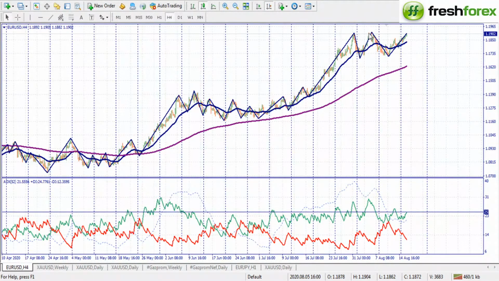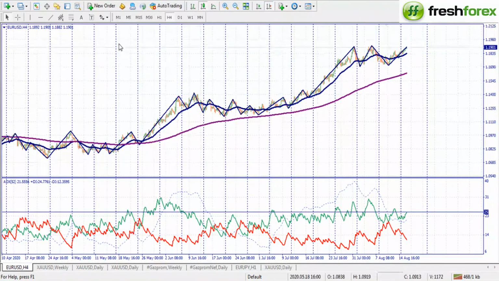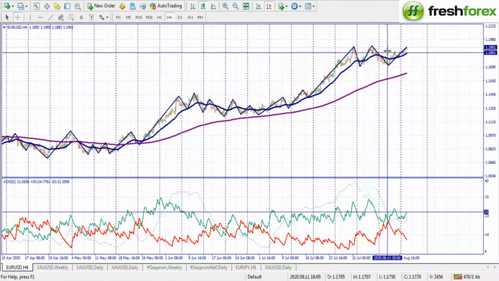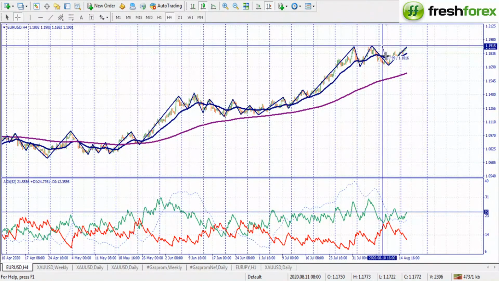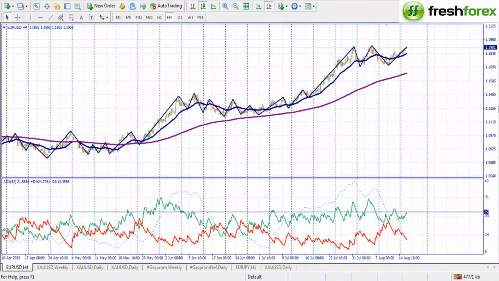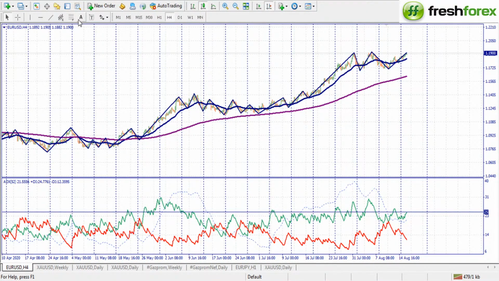So look for a buy position if the price goes above this level. Have your stop loss below this low, and your take profit at least 2 times the difference between this point and the stop loss. So if this is 212, we want the take profit to be at 424.